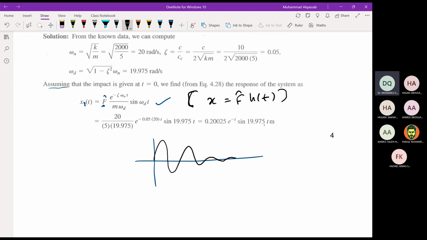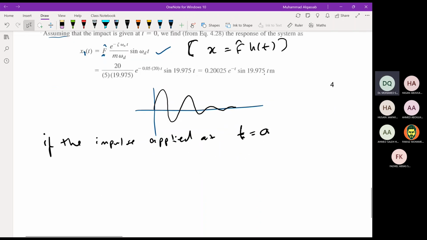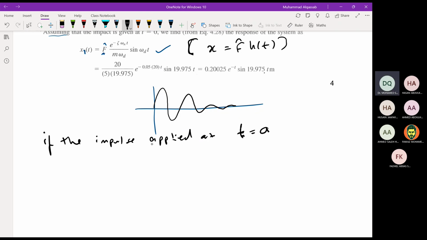But if, on this example, the impulse started not at 0 but was applied at t equal to a seconds, then, if the system is already at rest, the response will be same as this one, but it will not start at t equal to 0.